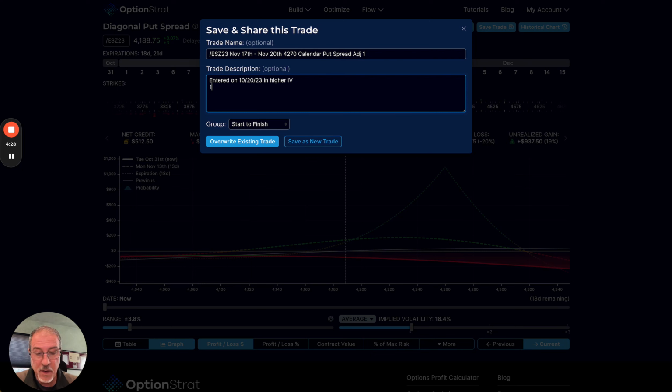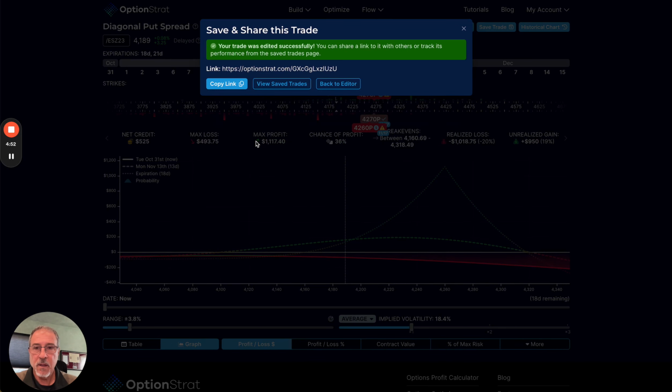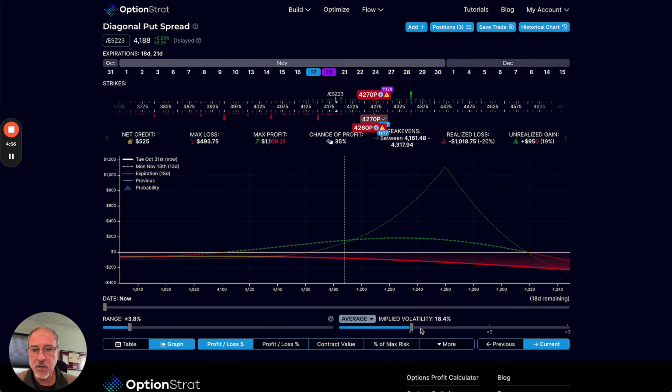Now on 10/31, we diagonalized by rolling in our short put. And then I'll just overwrite the existing trade because I kept a copy of this already. So that's where we're at now on this particular trade.